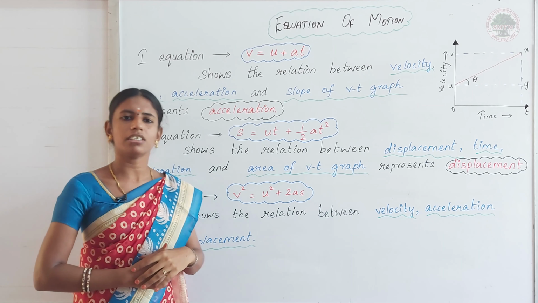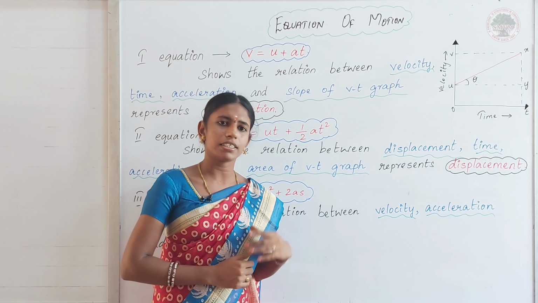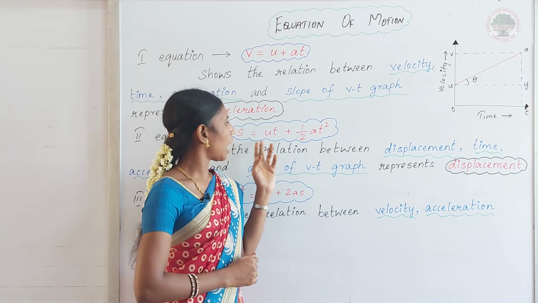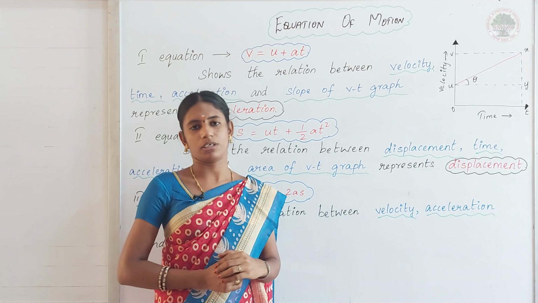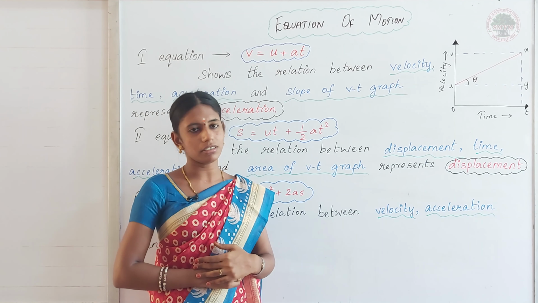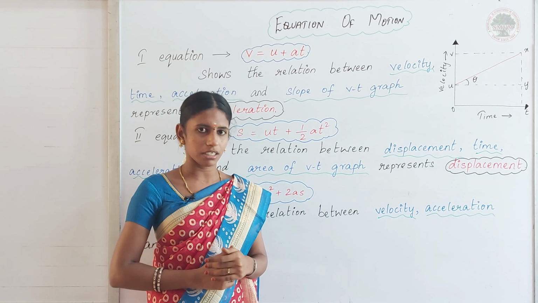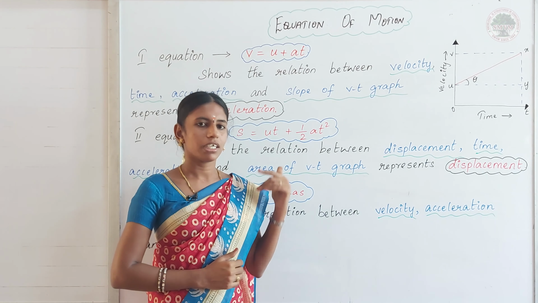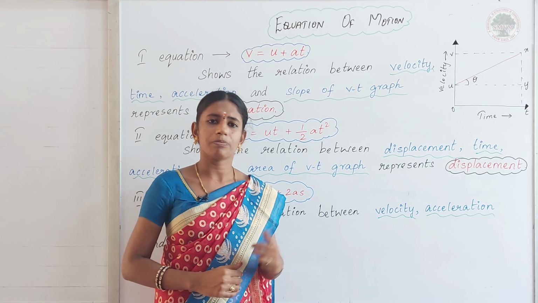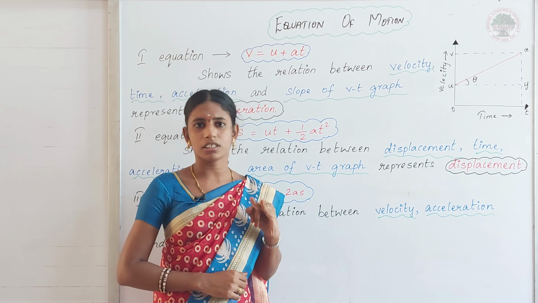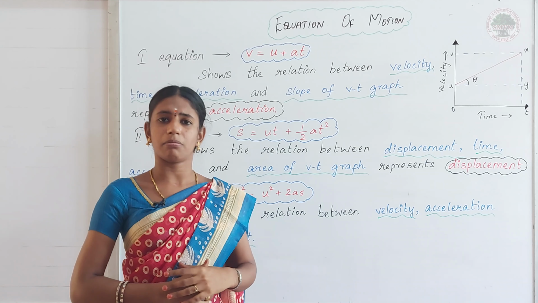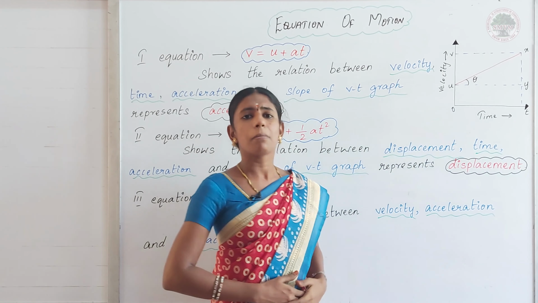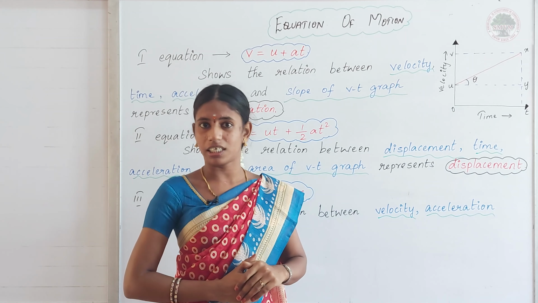The second equation of motion denotes s is equal to ut plus half at square. s is the displacement, u initial velocity, t time, a acceleration. So it gives the relationship between displacement, velocity, time and acceleration.